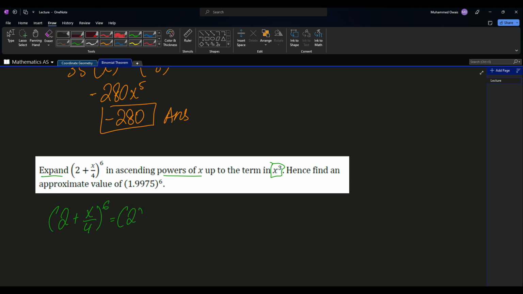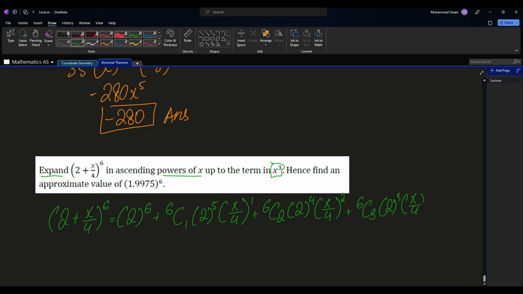Now, 2 power 6 plus 6C1 into 2 power 5 into x over 4, which is the power of 1, plus 6C2 into 2 power 4, and then x over 4 to the power of r, so 2, plus 6C3 into 2, so this becomes 6 minus 3 is 3, and then x over 4 has a power of 3 as well. And now we do not need to expand this any further.